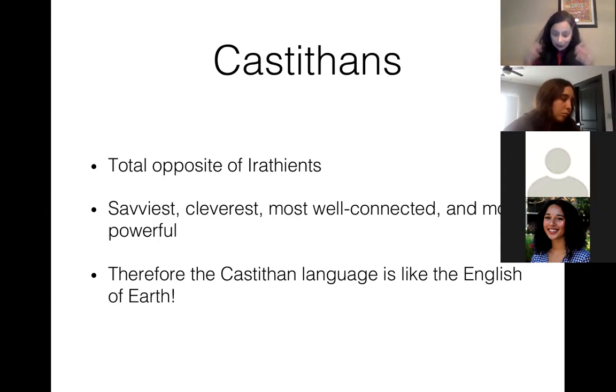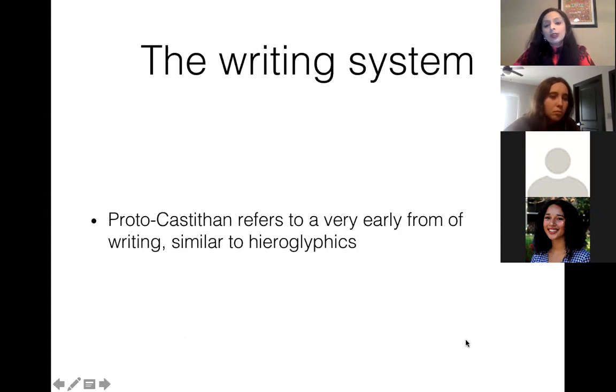And the fact that we are speaking English today is also because of colonization. So the Castithans and the Irathians are very, very different with respect to their personality and their traits, and the writing system also reflected that.